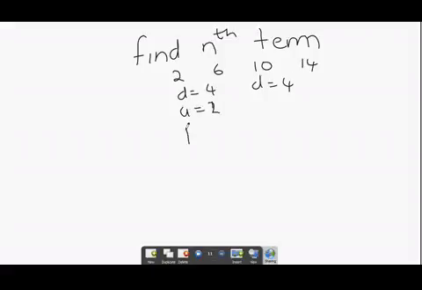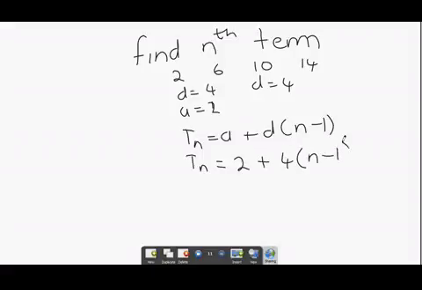Now if I substitute into my formula, Tn is equal to a plus d bracket n minus 1, I'll get Tn is equal to our first term in this case, 2, plus our d, 4, bracket n minus 1. Now because I want to use the formula, I do not want to simplify this formula.